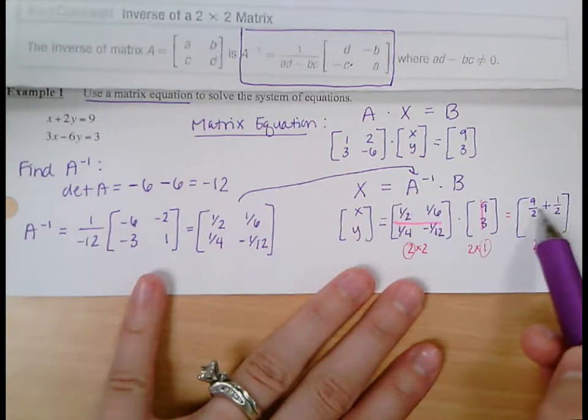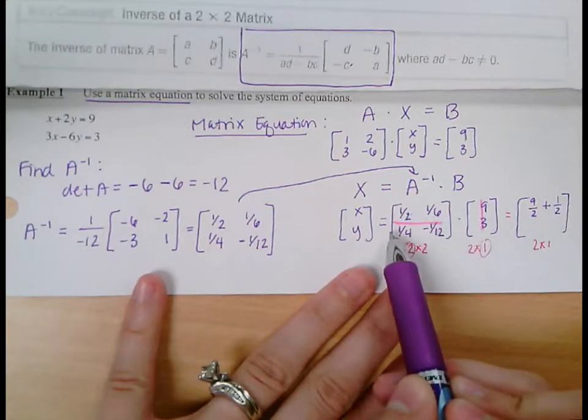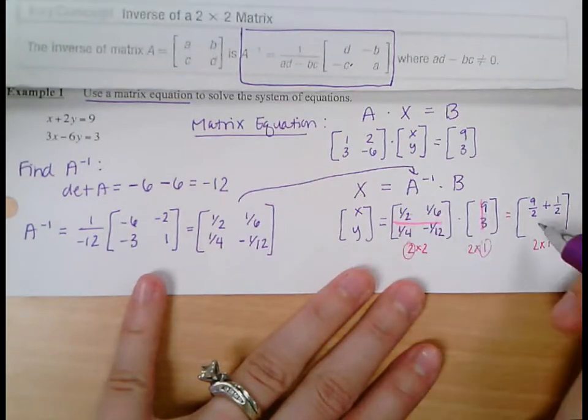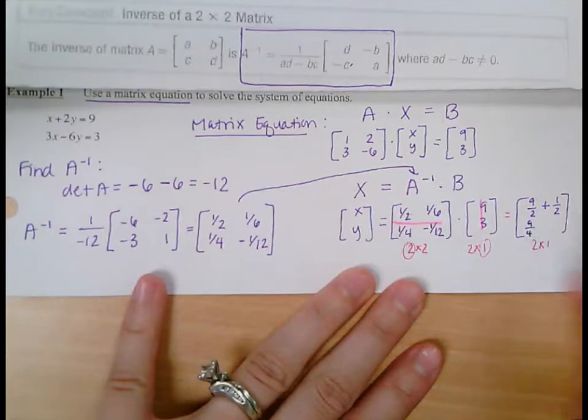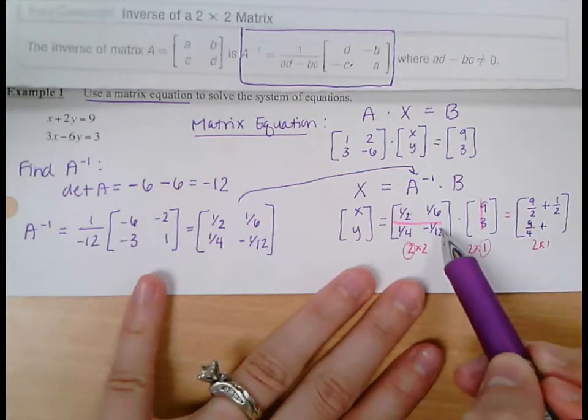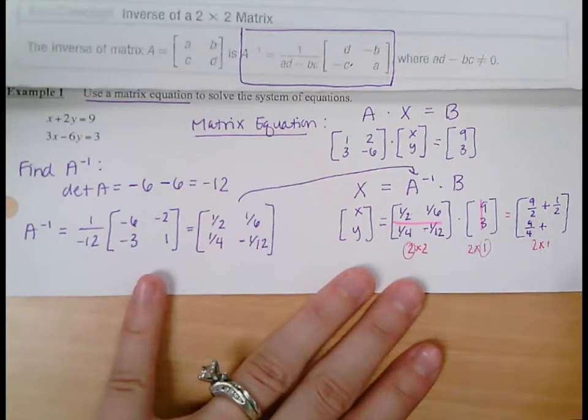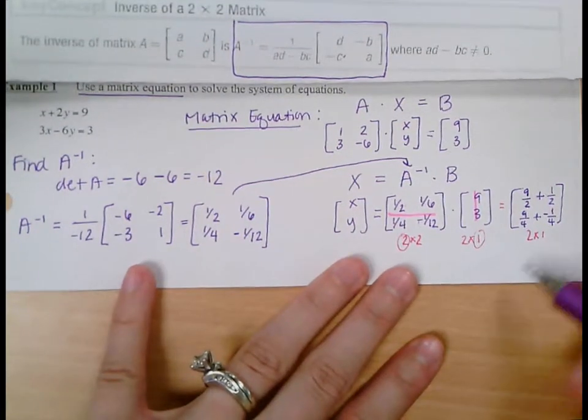Okay, so that's going to get added together, that's one number. Now I do the same with row 2 by that column, 1/4 times 9, that's 9/4, plus 2. And then plus negative 1/12 times 3, that's negative 3/12, which is negative 1/4.